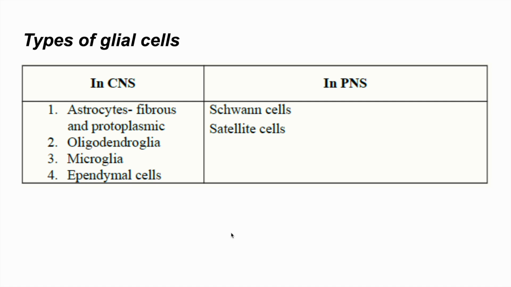There are types of glial cells in the CNS and PNS. In the CNS: astrocytes, fibrous and protoplasmic, oligodendroglia, microglia, and ependymal cells. In the PNS: Schwann cells and satellite cells.